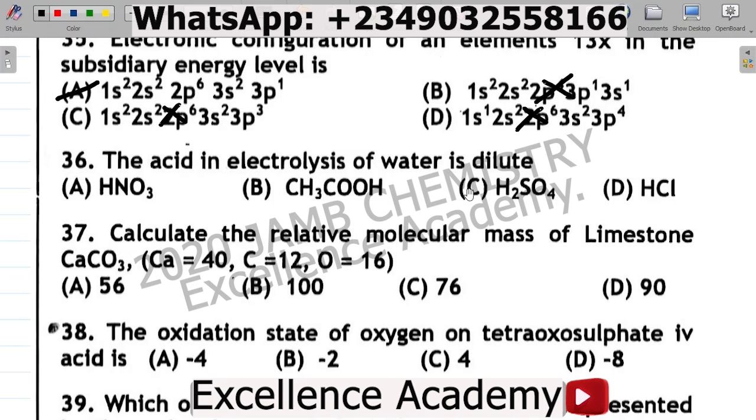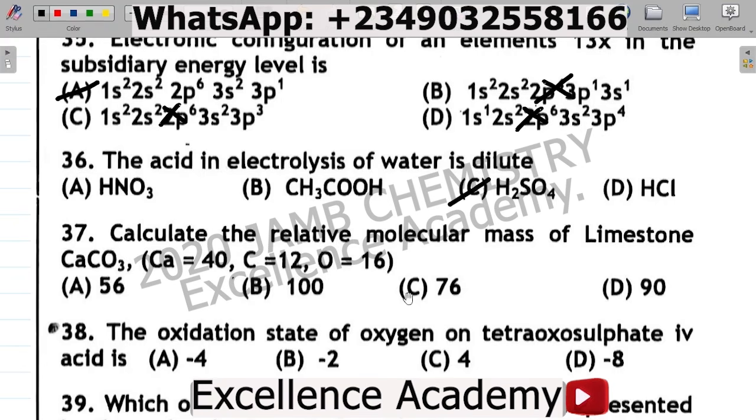So which of these is the correct answer? You want to note that the correct answer is H2SO4, hydrogen tetraoxosulfate 6. It is the acid used in the electrolysis of water. Of course we can't use A, B, and D because, especially if they are concentrated, they can react with the water, so they are not suitable. The correct answer should be H2SO4.